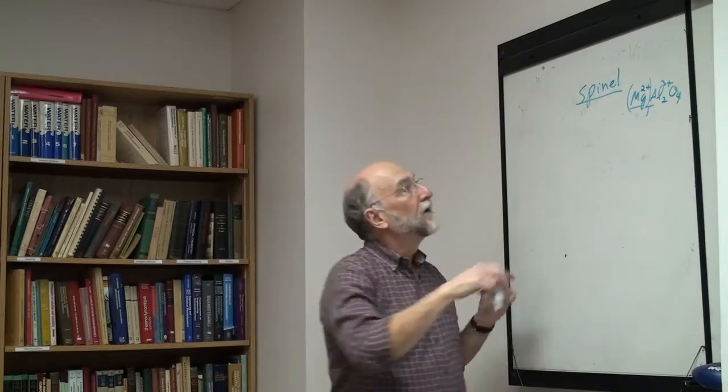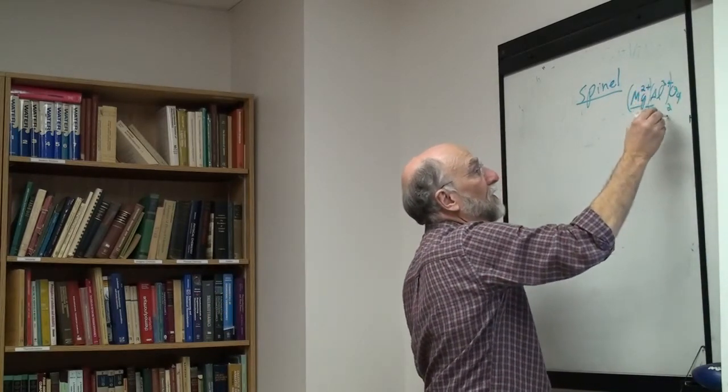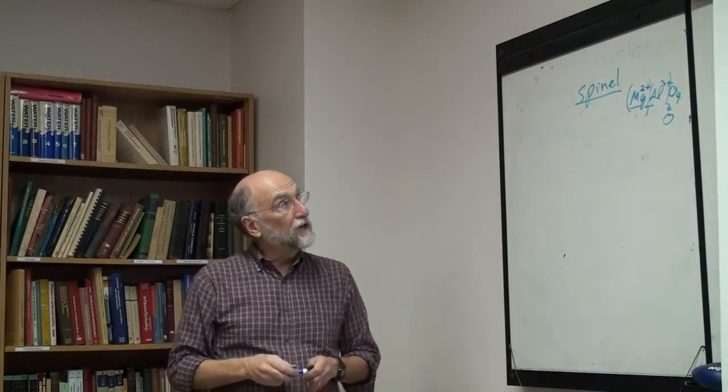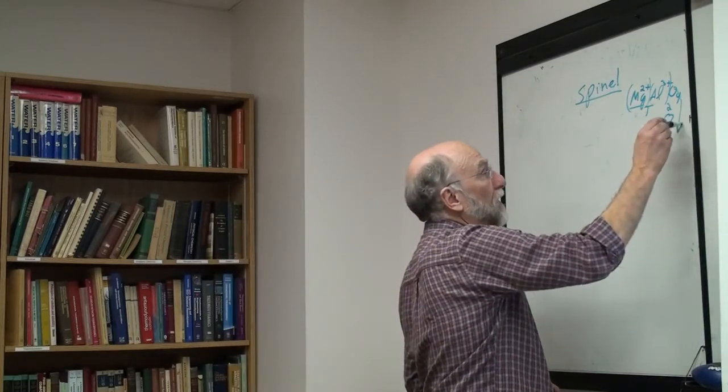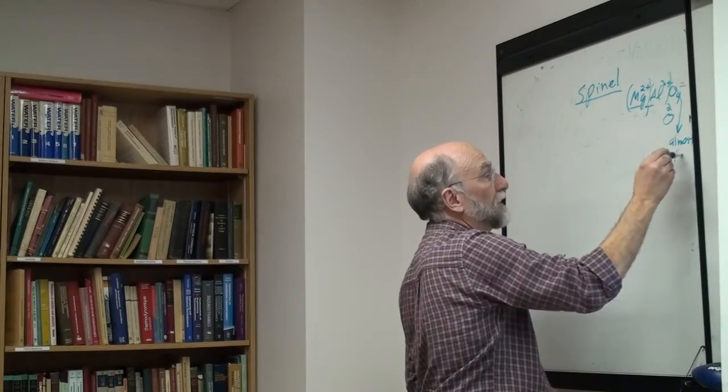So this magnesium finds itself surrounded by 4 oxygen ions in the form of a tetrahedron. And the aluminum 3+ ions are on octahedral sites, surrounded by 6 oxygen ions at the corners of an octahedron. The oxygen ions form an almost face-centered cubic array, not quite.